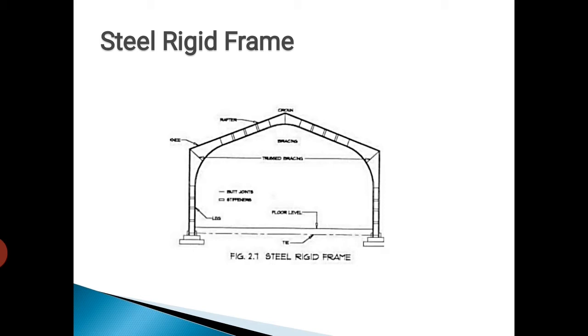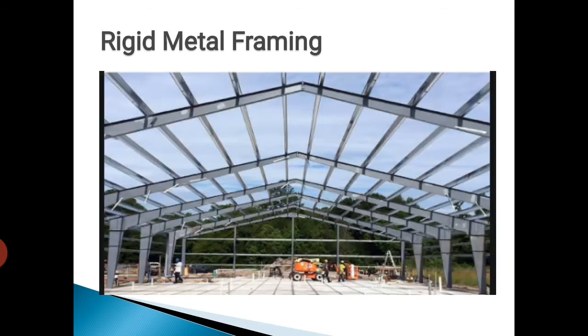In structural engineering, a rigid frame is the load resisting skeleton constructed with straight or curved members, which are interconnected by mostly rigid connections which resist moments induced at the joints of the members. Its members can take bending moment, shear and axial loads. Okay. So this is the diagram of steel rigid frame.